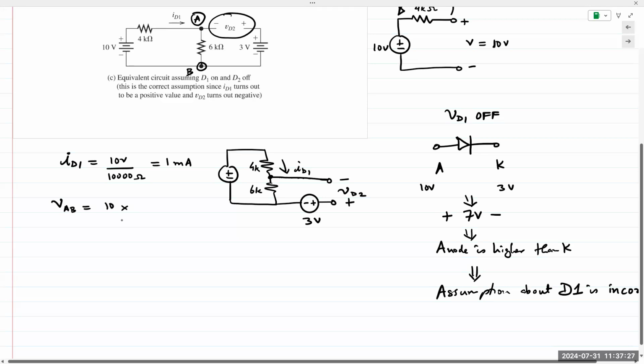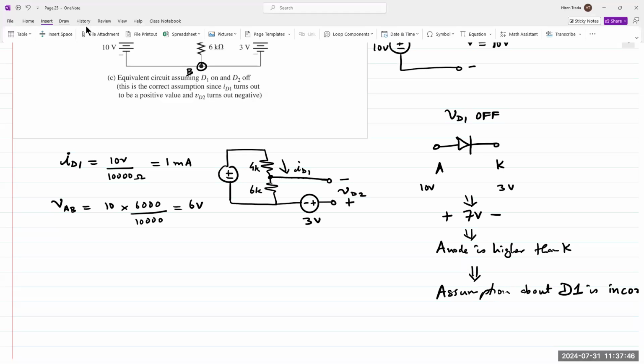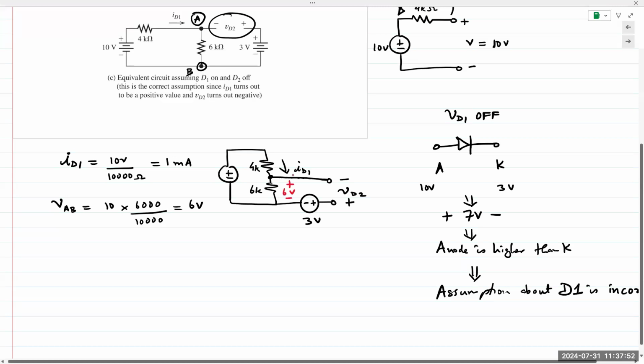Since I'm finding the voltage across the 6,000 ohm resistor, it would be 6,000 divided by 10,000. 60,000 divided by 10 gives me 6 volts. So the voltage across that 6,000 ohm resistor is 6 volts.